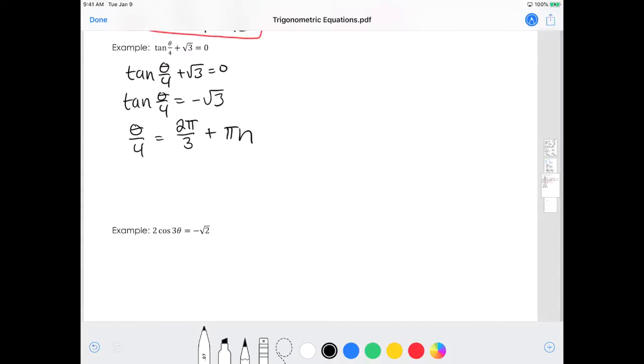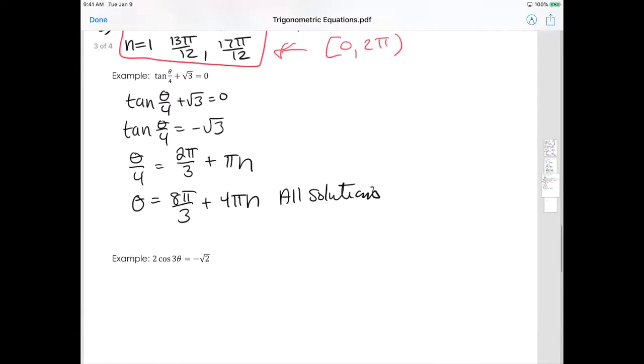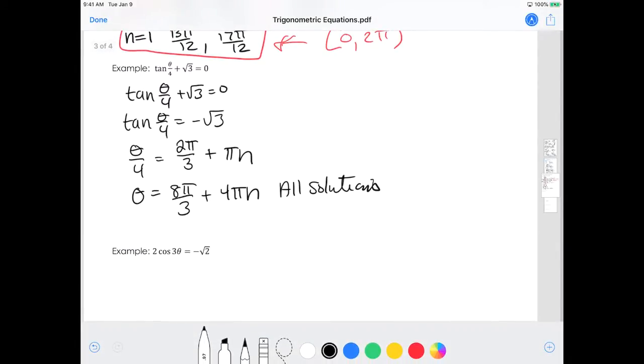Okay, now I want to isolate theta. So I'm going to multiply the whole equation by 4. That theta is equal to 8 pi over 3 plus 4 pi n. So this would be for all solutions. If I want to check it on just the first rotation, so just 0 to 2 pi, then I can just start plugging in values for n and see what I get.